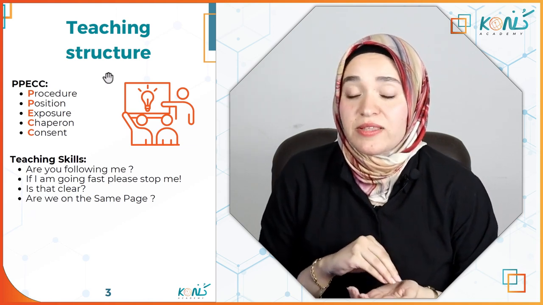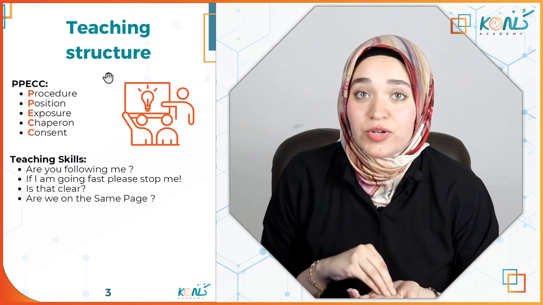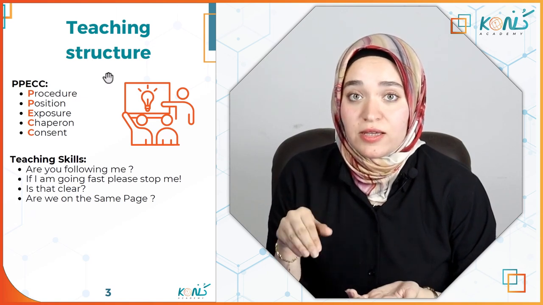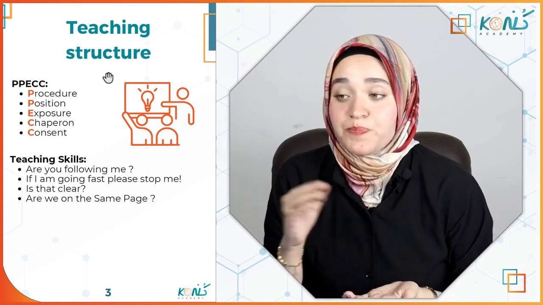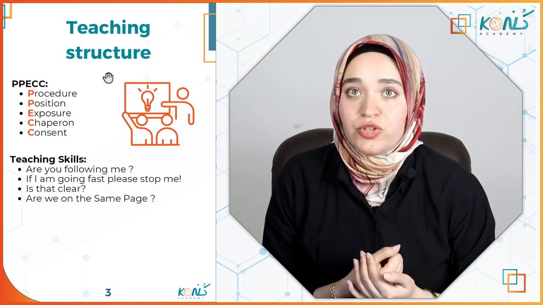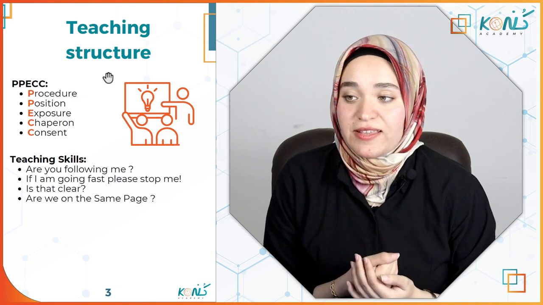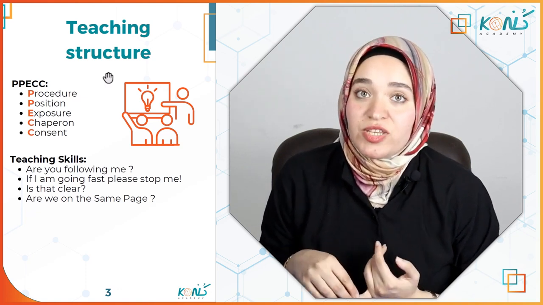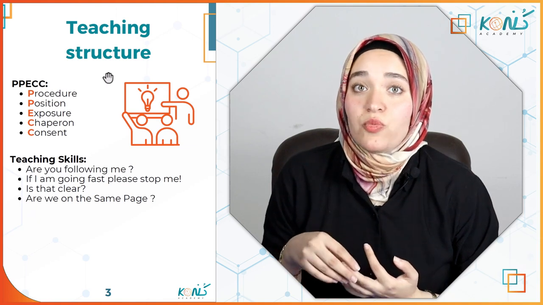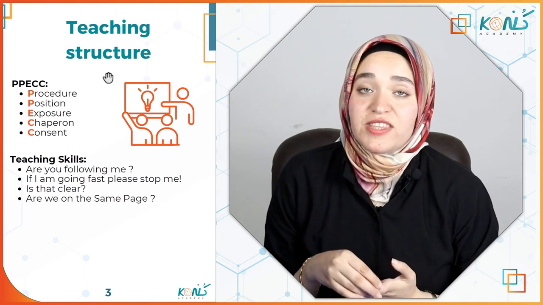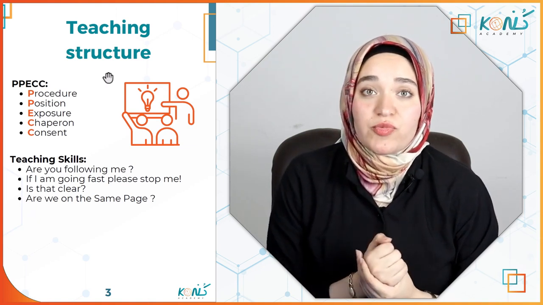And you can tell your colleague about this mnemonic or these steps that you should tell the patient about. For example, if you are going to do an abdominal examination, you need to tell your colleague to go to the patient, explore the procedure, the position, what he should expose, and maintain privacy, have a chaperone, and also take consent from the patient.